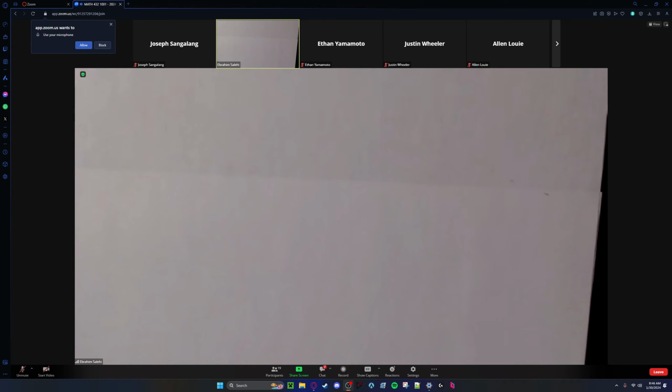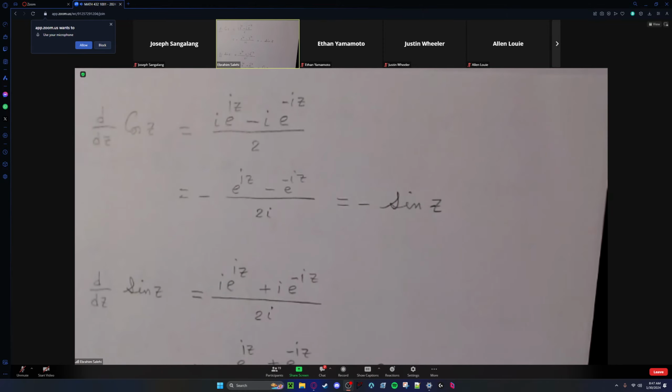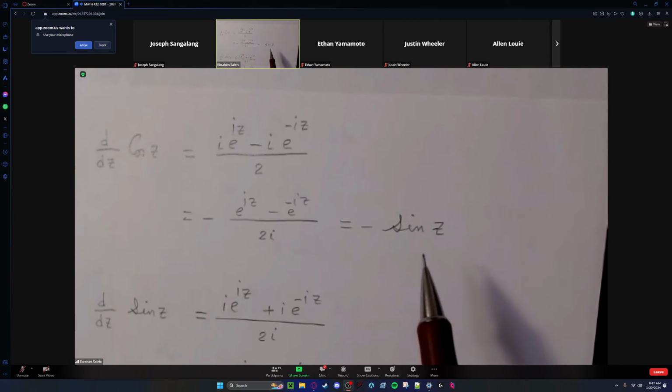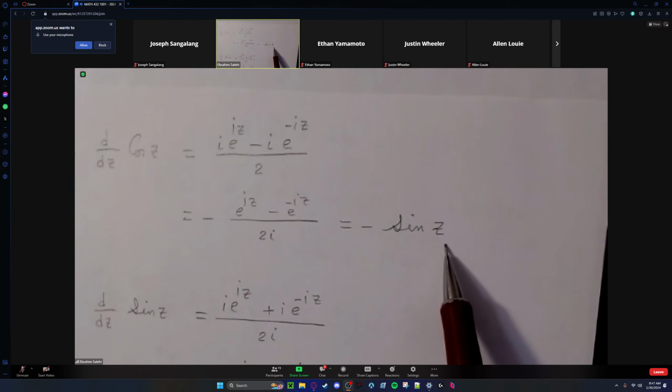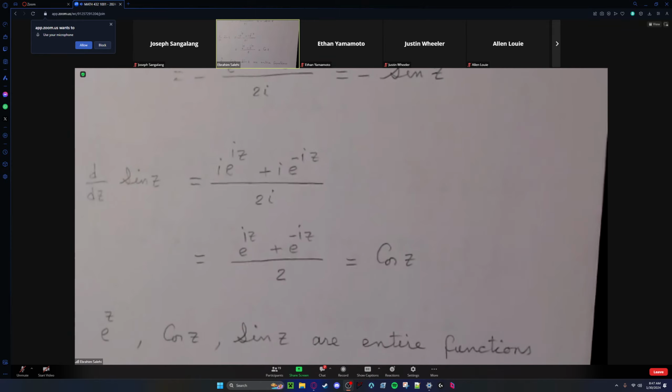After derivatives, I'd like to tell you that no matter what z, derivative of cosine z exists, and it's negative sine z. Again here, no matter what z, always sine z has derivative, okay, and it's cosine z.